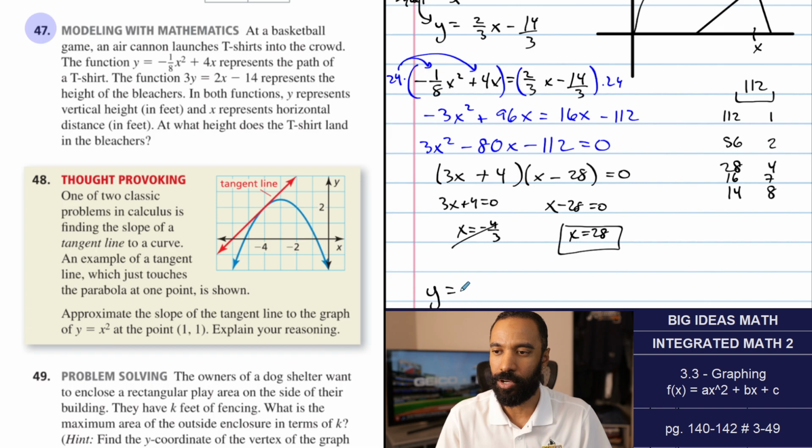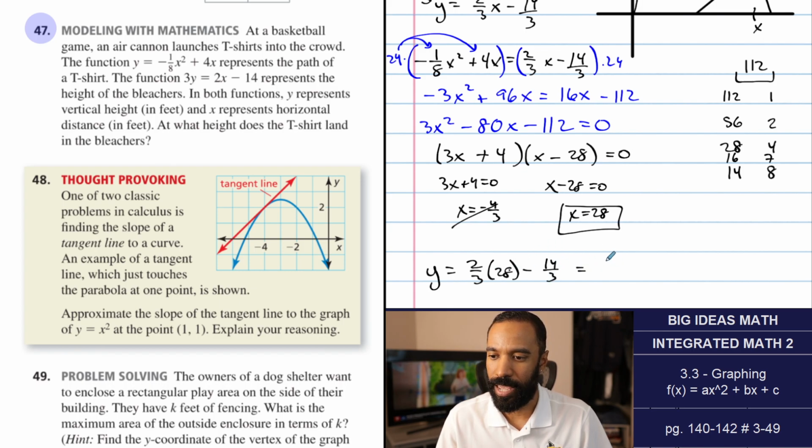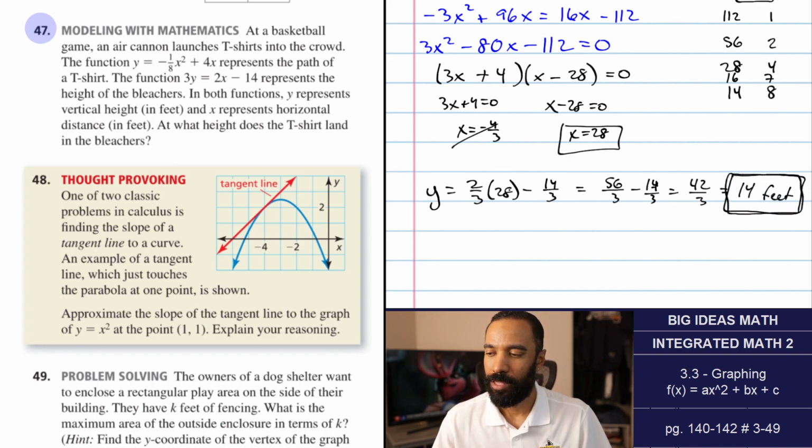Let's get y equals 2/3 times 28 minus 14/3. 2/3 times 28 is 56/3. Minus 14/3 is 42/3, which is 14. It'll be 14 feet high.